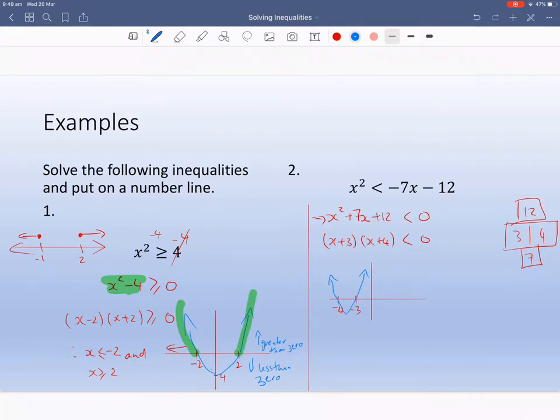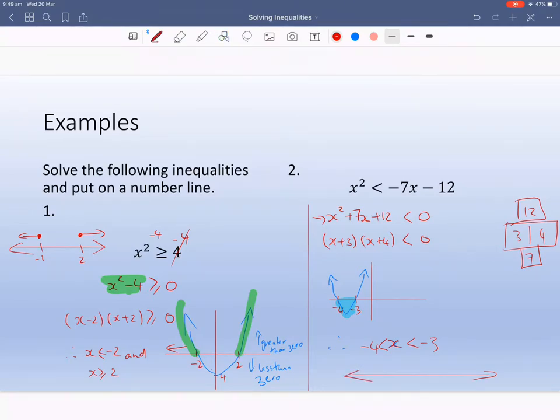Now, when is this less than 0? Well, it's less than 0 down here. So we put the x first. So therefore x, and I'm going to write it in red. Therefore x is greater than -4, but less than -3.